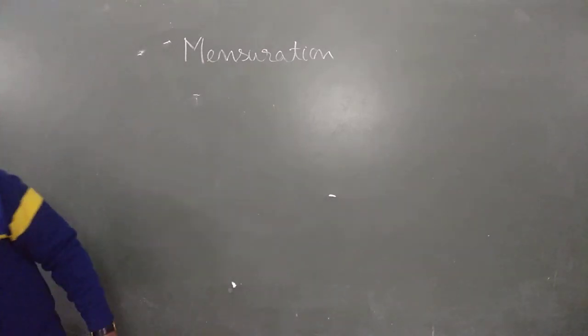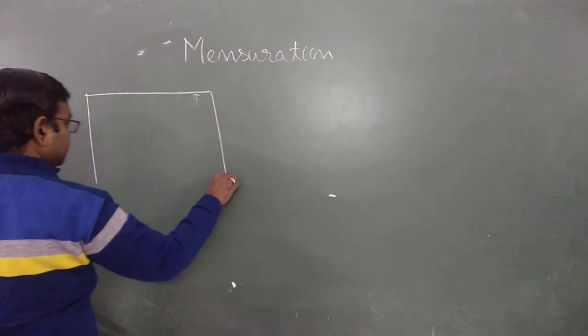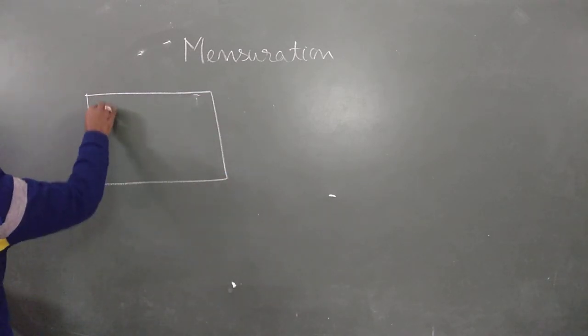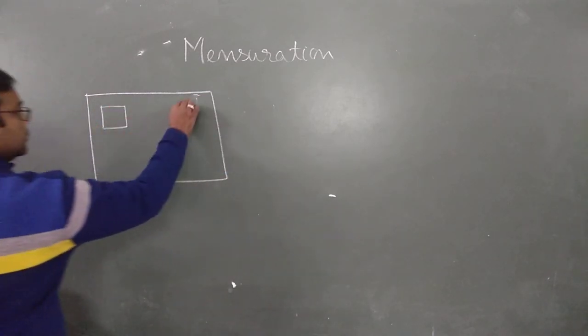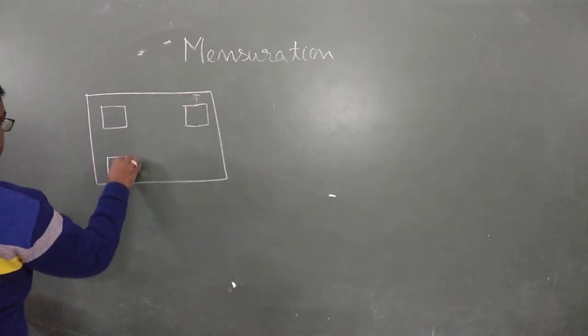Our next question says that 4 square flower beds of side 1 meter 50 centimeter are dug on a rectangular piece of land of 8 meter long and 6 meter 50 centimeter wide. There is a rectangular piece of land, and out of this some square flower beds are dug, likewise.